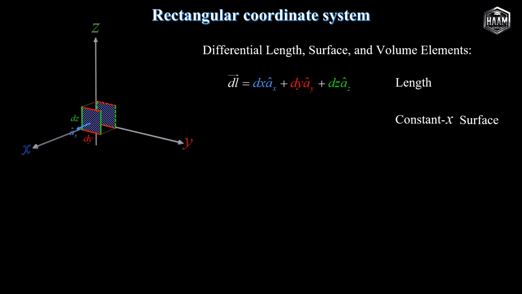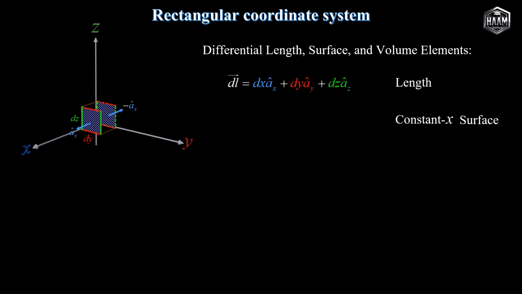Therefore, for this front surface, our ds is positive in the positive direction of a hat sub x. However, for the back surface, the direction is negative a hat sub x.